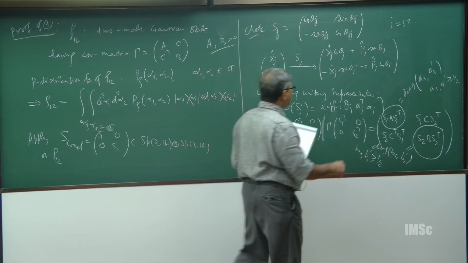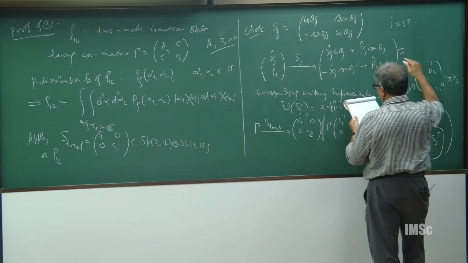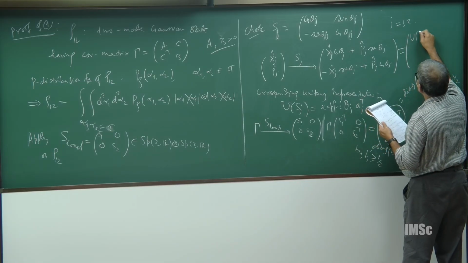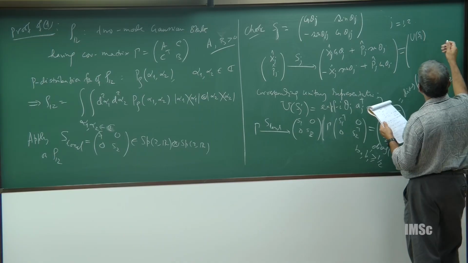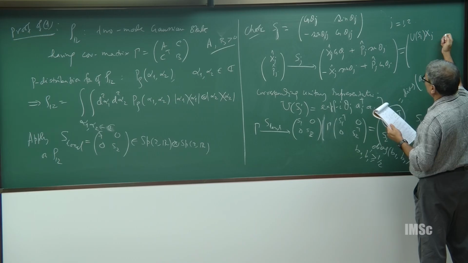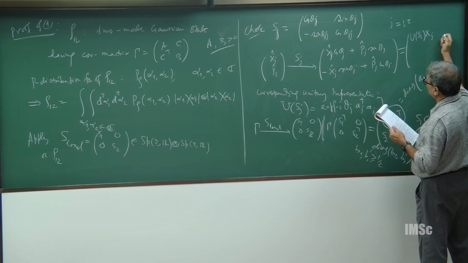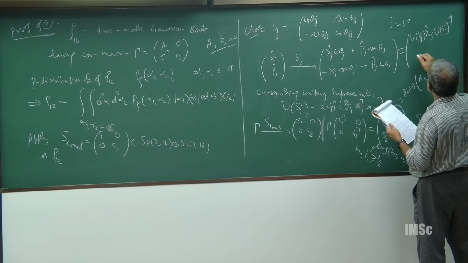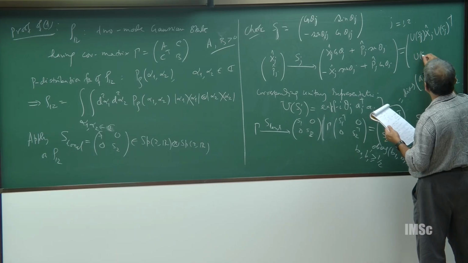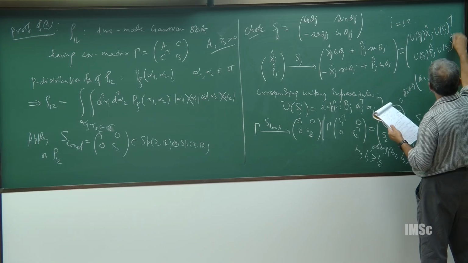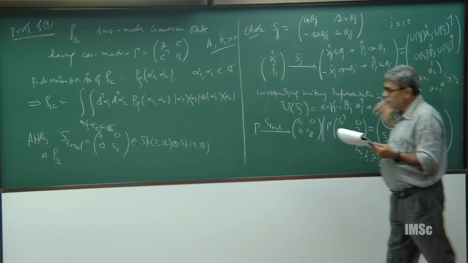So, basically this you can think of as U of S_j x_j U of S_j dagger, and similarly this is U of S_j p_j U of S_j dagger, right. This is how it works.